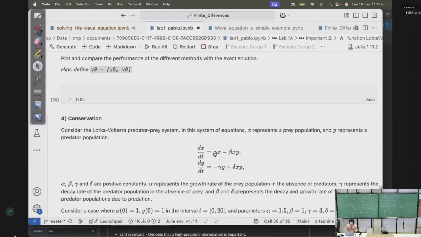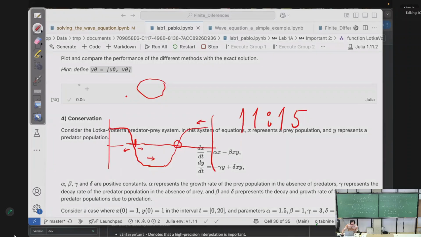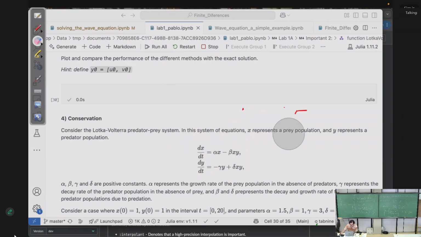So in the prey equation here, we have this term, which is an exponential term, and this here, which is an interaction term.